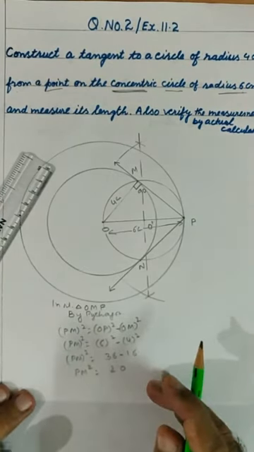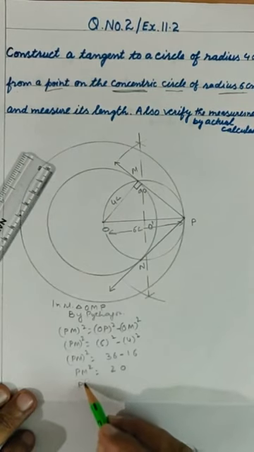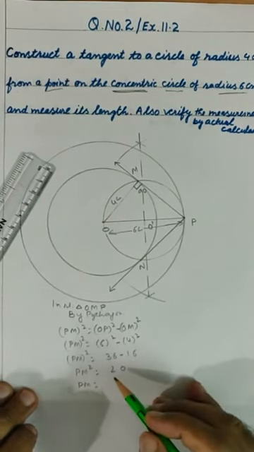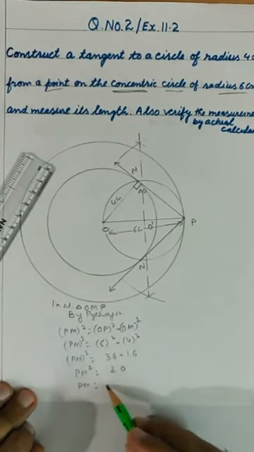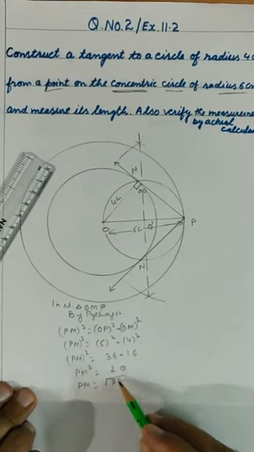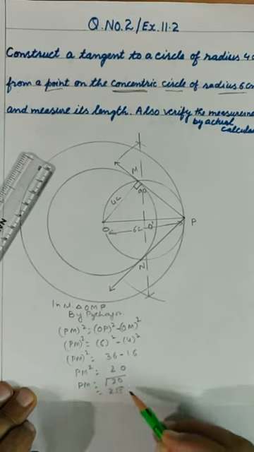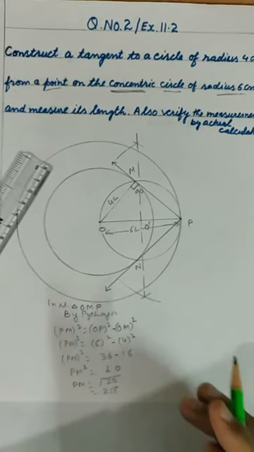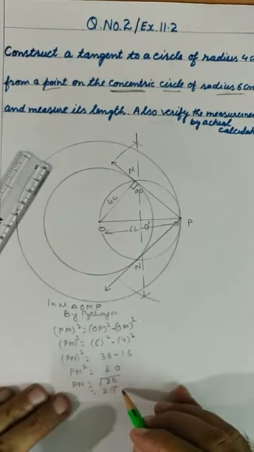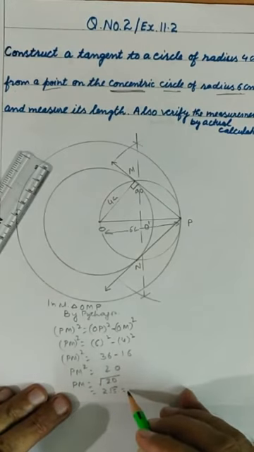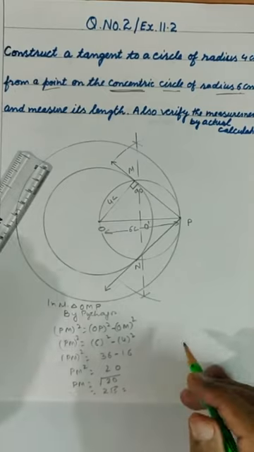PM square is 20, and PM equals root of 20, that is 2 root 5. And what is root 5? 2.2, it is near about that.